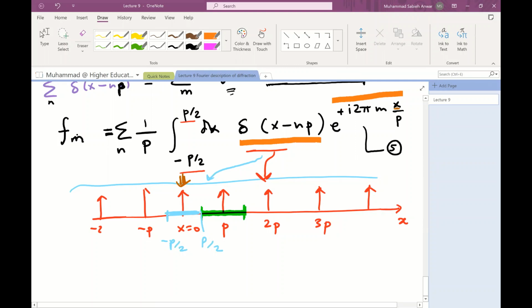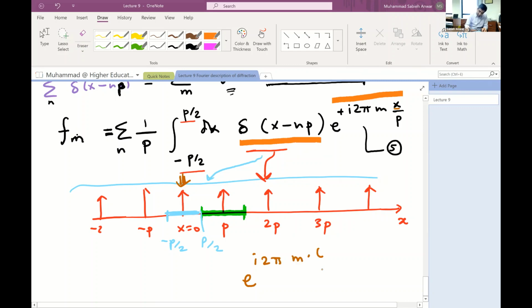No. I'm integrating in a certain range from minus p by 2 to p by 2, and inside this range, a single Dirac delta peak exists at x equals 0, precisely x equals 0. So this integral here will be simply equal to e to the i 2 pi m x, where x becomes equal to 0, over p.